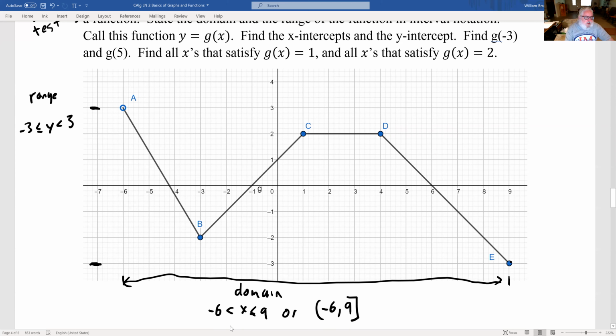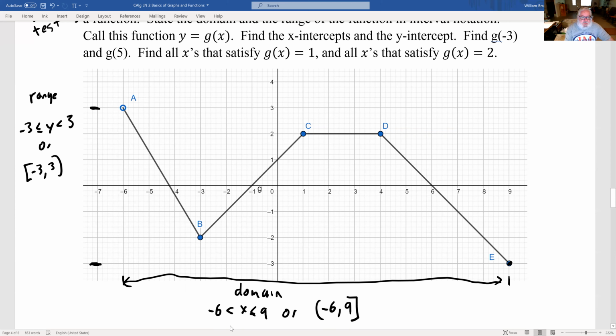And notice when we're writing the inequalities, you always go from lower to higher, -3, y, 3. And in interval notation, it's this. The graph does get all the way down to -3 because this is filled in. Doesn't quite get all the way to +3 because that's not filled in.